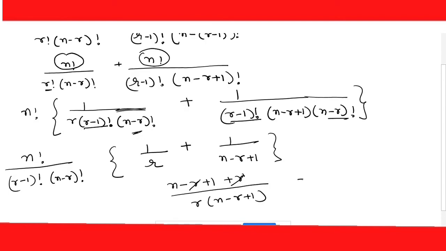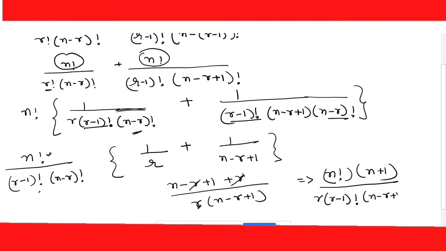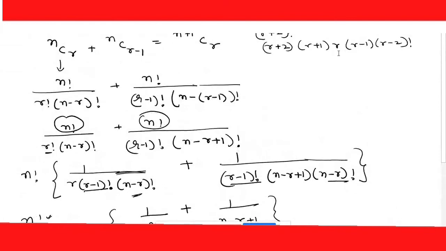So we get factorial n into n plus 1 when we multiply, and in the denominator we get r, then r minus 1 factorial, arranged like this, then n minus r plus 1, then n minus r factorial. If we consider this, r minus 1 factorial, it can be written as r factorial.